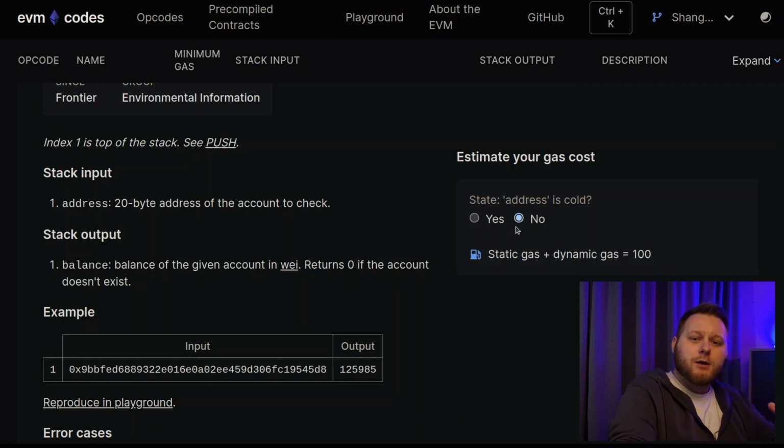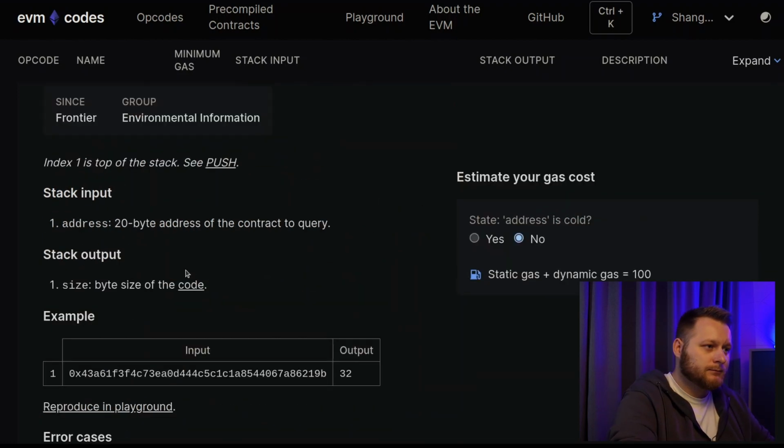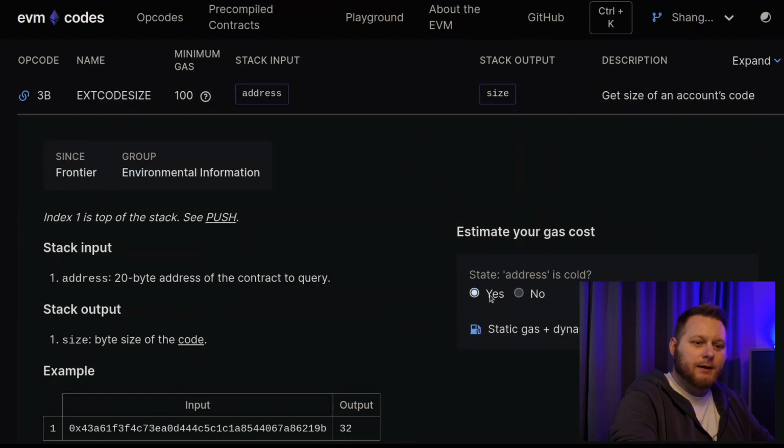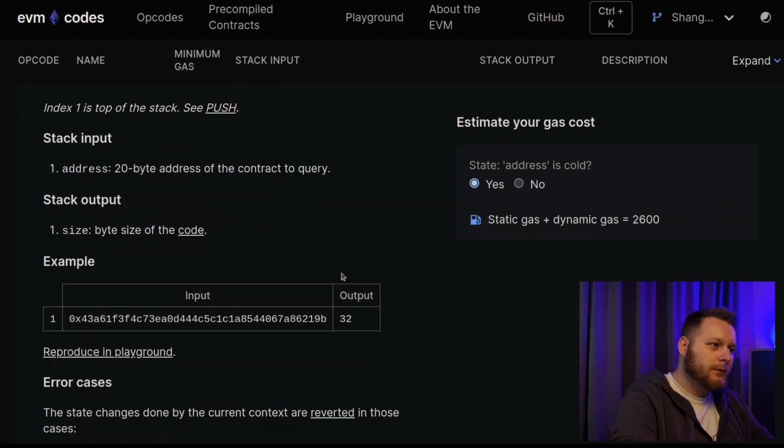The same goes with reading a value via SLOAD, for example. The same, for example, with external code size. It all depends on whether the address is cold or warm. So basically you can think about it like this: if you're reading anything from an address, if it's cold, you are paying 2600.